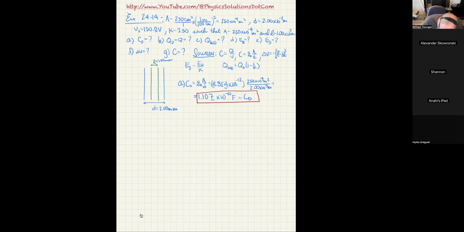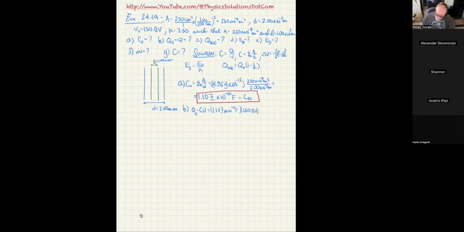Now we can use Q equals CV to calculate the charge that it has without the dielectric. But that's also going to be the charge after the dielectric, because we removed the battery before we put the dielectric in. So it's also equal to Q. Either way, we get 1.107 times 10 to the negative 10th farads. Remember, a farad is a coulomb per volt, times, in this case, 150 volts.